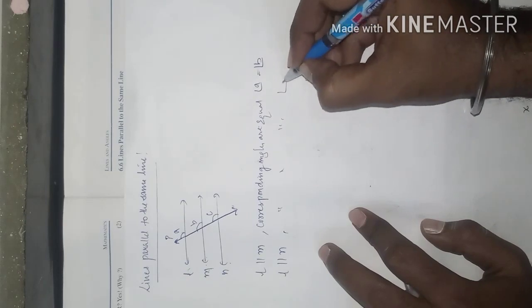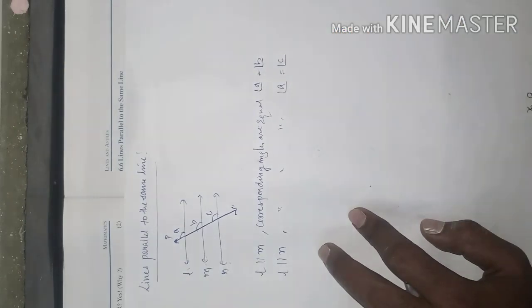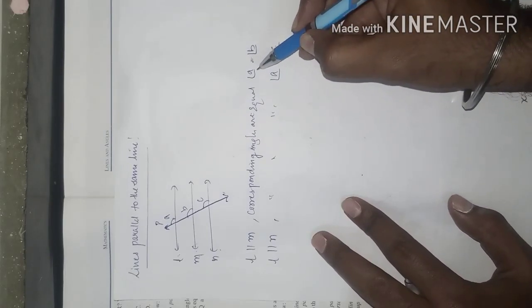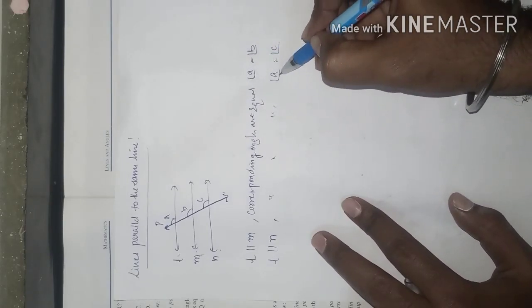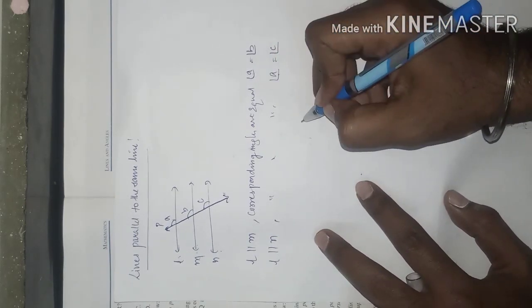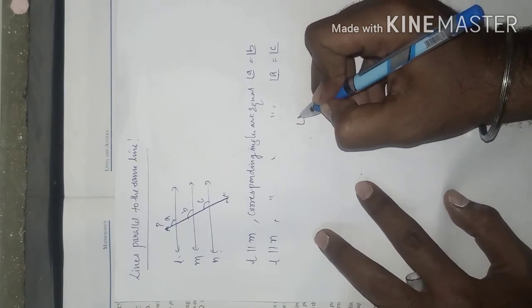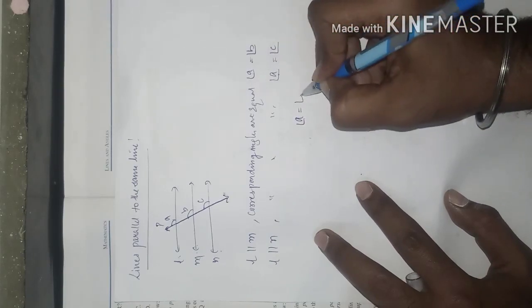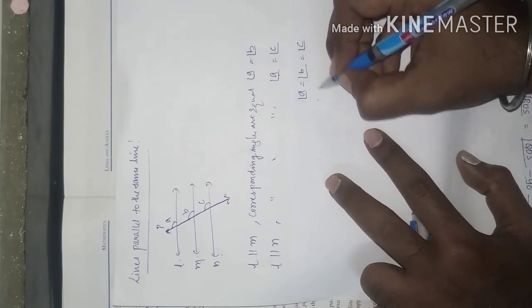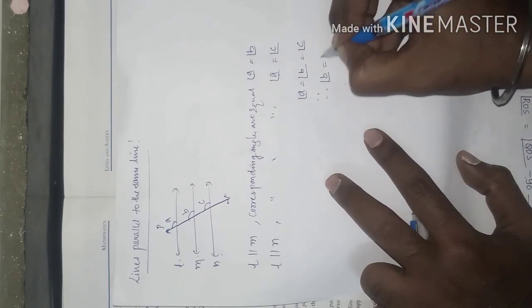It means angle A is equal to angle C. Now boys and girls, see, angle A is the same in both the equations. So can't we write angle A is equal to angle B, which is equal to angle C? Yes or no? It means, therefore, angle B is equal to angle C.